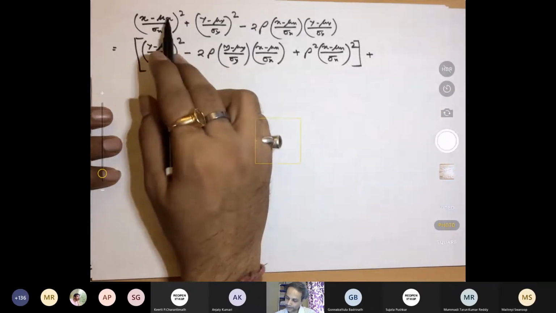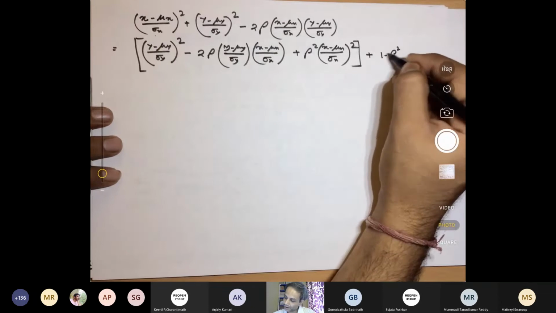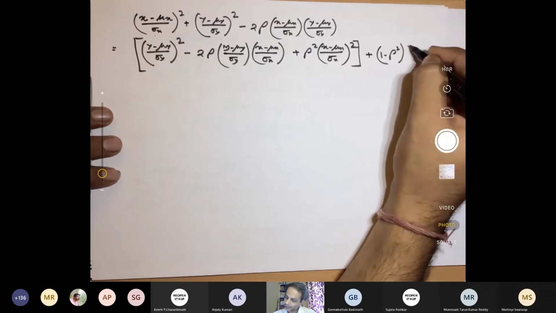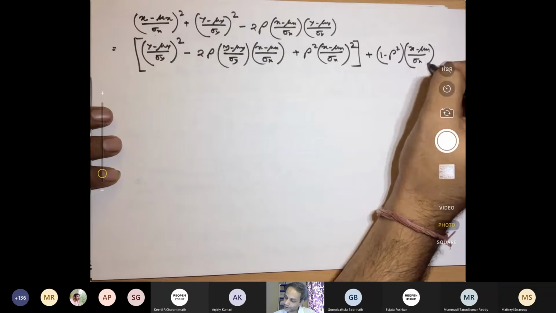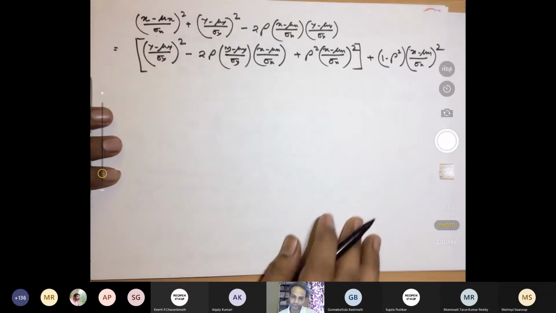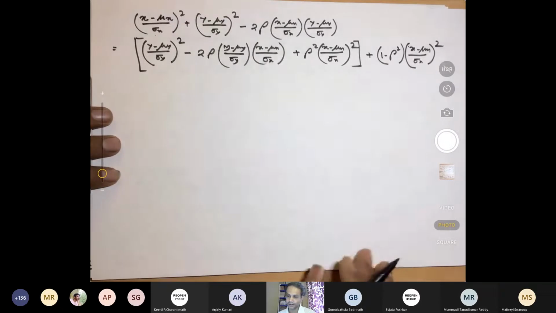Already ((x minus mu x) by sigma x) whole square is present there, so we get (1 minus rho square) into ((x minus mu x) by sigma x) whole square. So this is the expression that you immediately have.